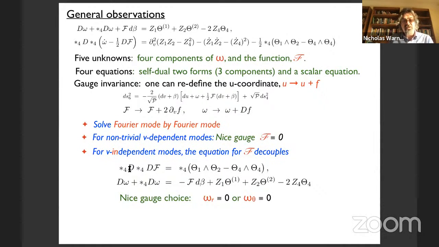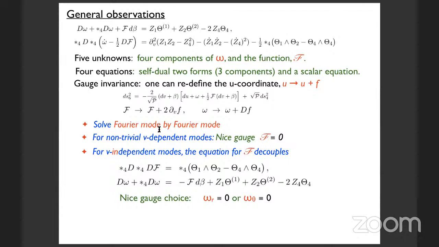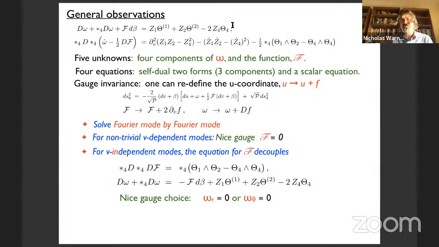And so it decouples, and this equation becomes something which doesn't involve omega. So you can solve for f, and then feed it back into this equation and solve there. With that choice, when it's V-independent, there are typically nice gauge choices, like you can choose omega r is 0, or omega phi is 0, or omega theta is 0. The hard ones to do are the V-dependent modes, so I'm going to focus more on those.